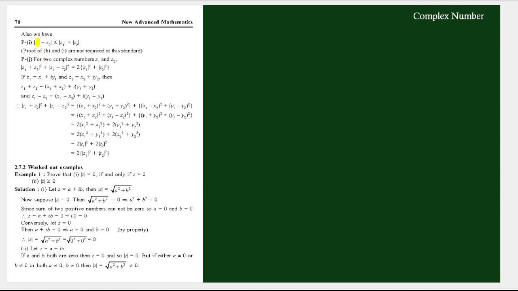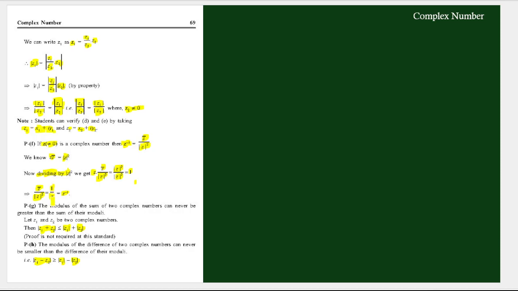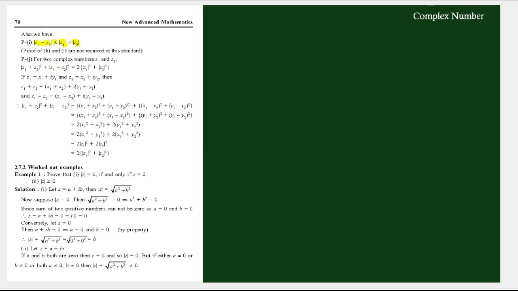Then again, modulus of Z1 minus Z2 is always greater when they are subtracted separately. But if it is addition, then it will be smaller. Okay, it will be equal or it will be smaller.